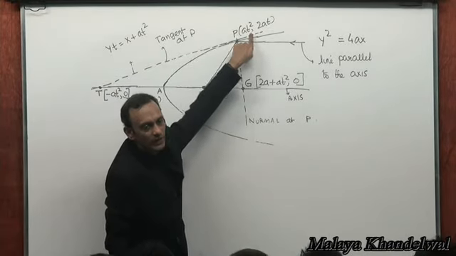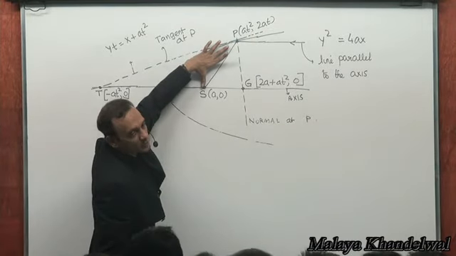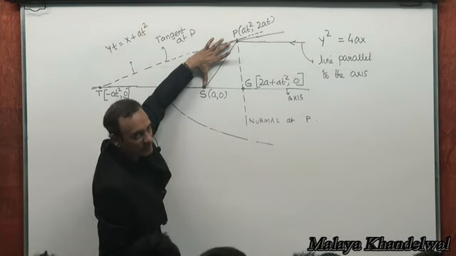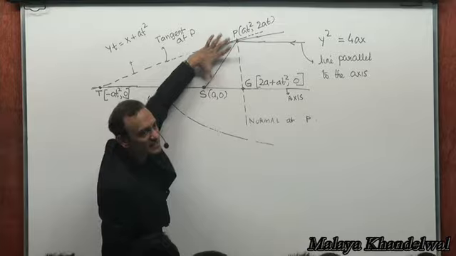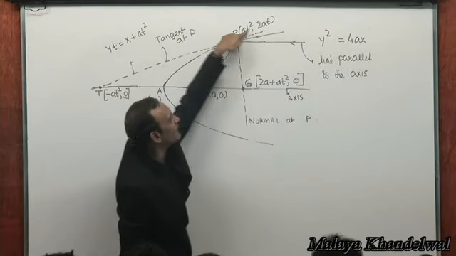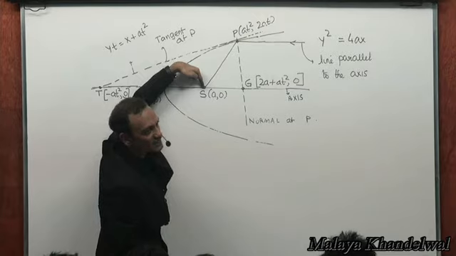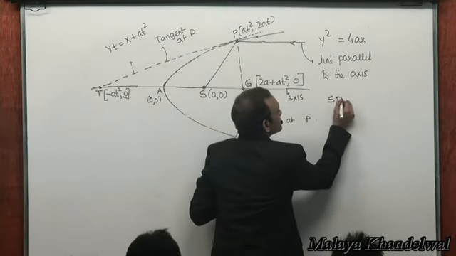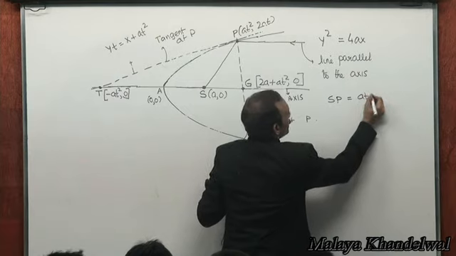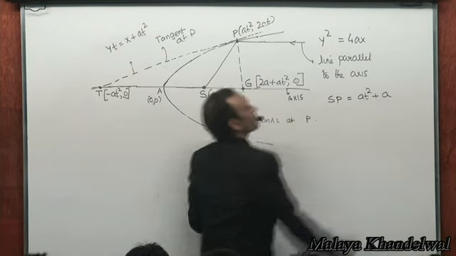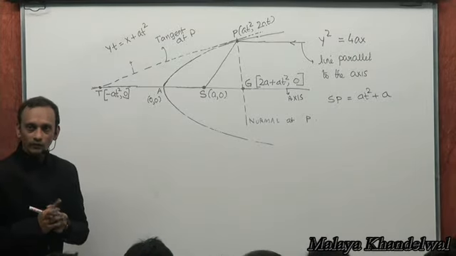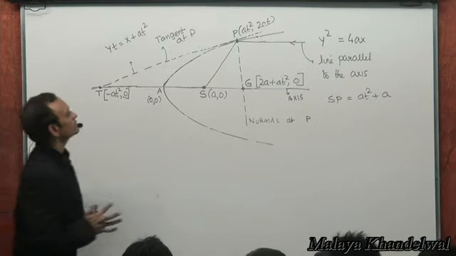x of P is at squared. So SP would be x plus a, that means at squared plus a would be SP. Yes or no in this case? The distance of a point (x, y) from the focus S is going to be x plus a, right? Okay.